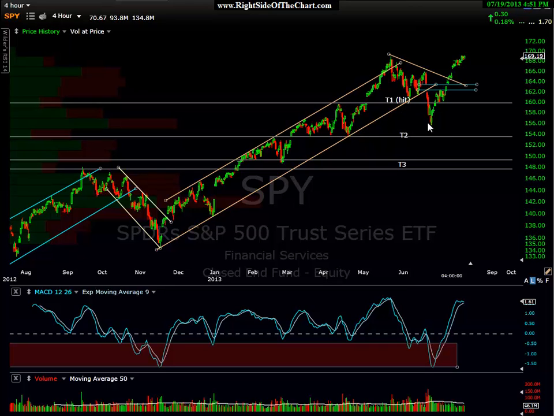I did expect more downside. In fact, I did and still have additional downside targets. We did have the expected bounce off T1, meaning the first target, move back down and then reverse just shy of T2. My expectation was we were going to go down to T2 and continue lower, and I admittedly was caught off guard. I did not expect such a strong move up from where we went. So we've by far exceeded my bounce expectation.